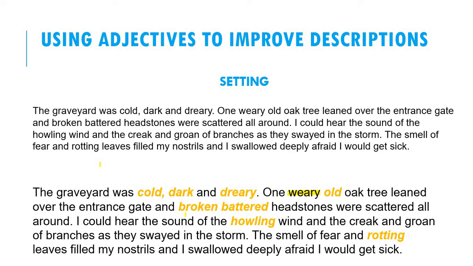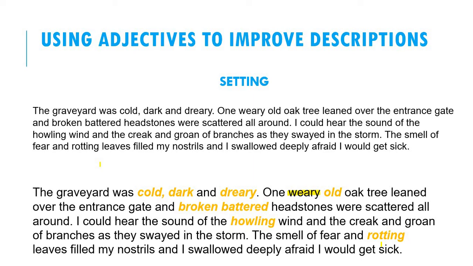So, from this first line, we're able to feel the cold and dark and dreary. We're able to see the broken and battered headstones. And we're able to hear the howling of the wind and the creak and groan of the branches. And we are able to smell the rotten leaves. The writer uses the adjectives to appeal to all the senses of the reader, and this further helps to create the image of the setting.